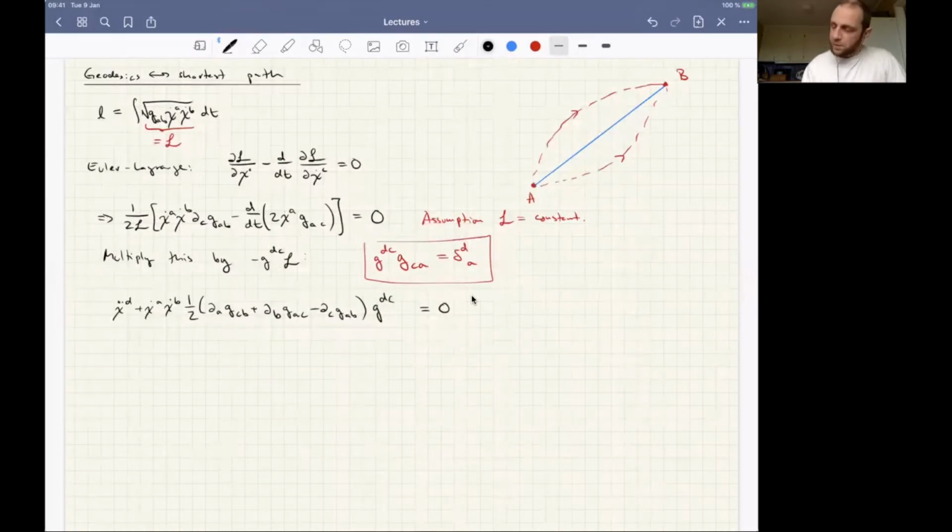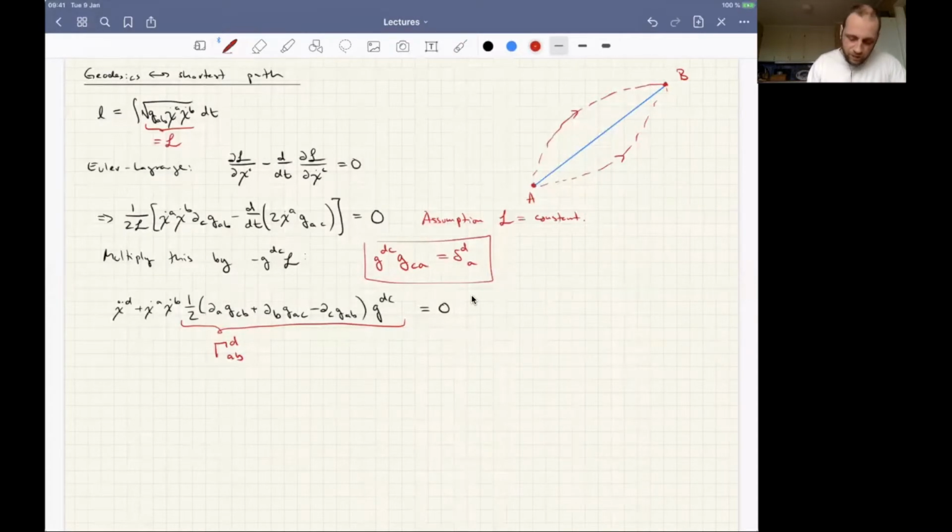Otherwise the indices don't match up. So if we take this thing here to be gamma D AB, then we have exactly the same expression as we had from the geodesic equation.